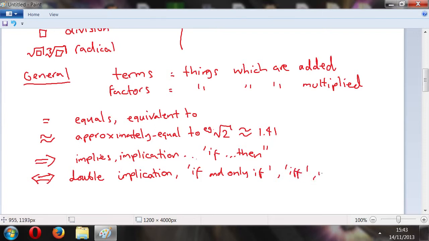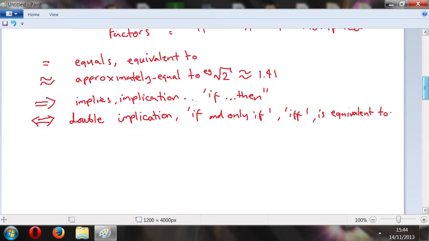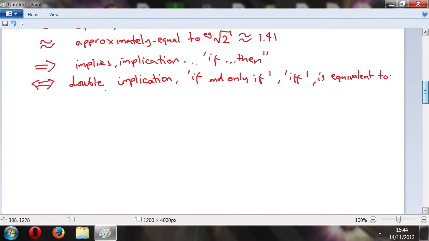It is equivalent to, so one statement is equivalent to the other. It's more specific, and it doesn't matter which way you go, kind of a bit like the absolute value we spoke about in the last episode.